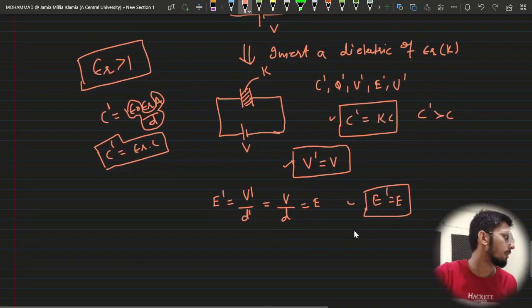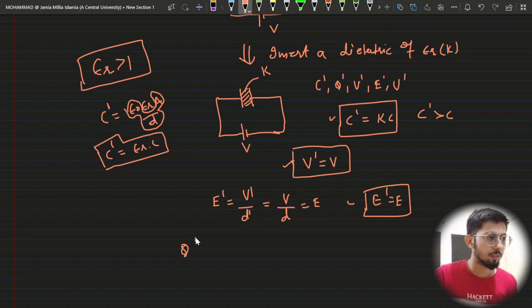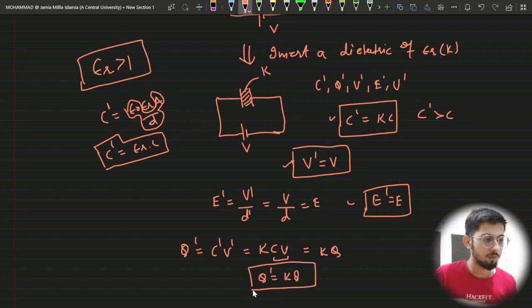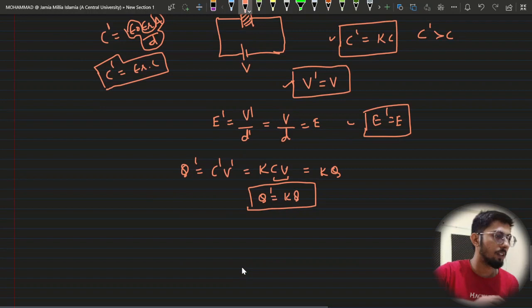Now what about the charge, Q dash? Q dash is C dash into V dash, and C dash is K into C. V dash is V. So this is equal to K times the initial Q, because C into V is the initial Q. So Q dash has also increased to K times Q. Finally, we are left with energy.